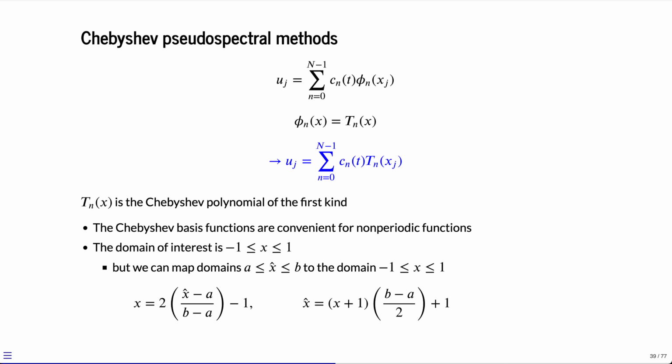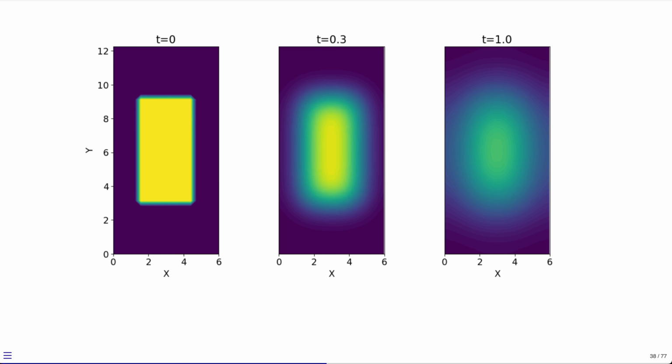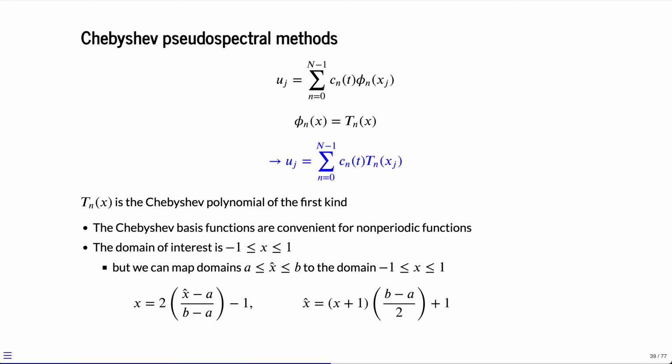We've also solved it in 1D for the viscous Burgers equation, which was also nonlinear and posed no special challenges, and also in 2 dimensions, solving the 2D heat equation. So the next set of videos will go through Chebyshev pseudospectral methods for non-periodic domains, and we'll see how those work.